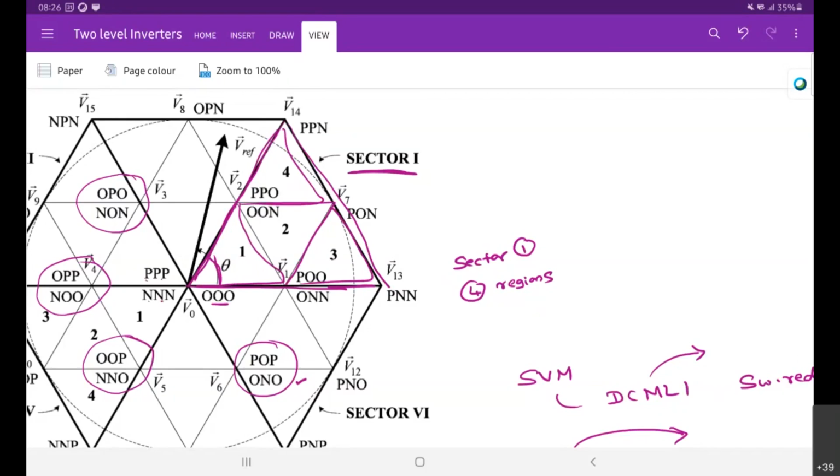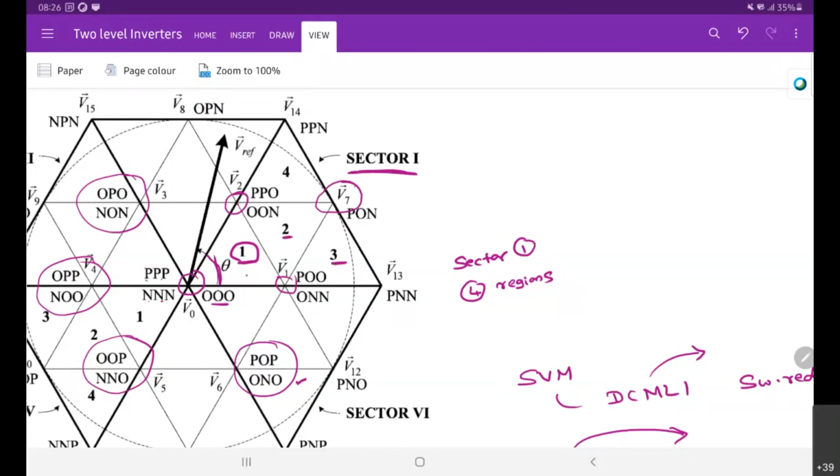In later classes we will discuss this. For example, if the reference vector is inside region 1, it can be written as one zero vector and 2 small vectors. If it is in region 2, we can decompose the resultant vector into 1 medium vector and 2 small vectors.